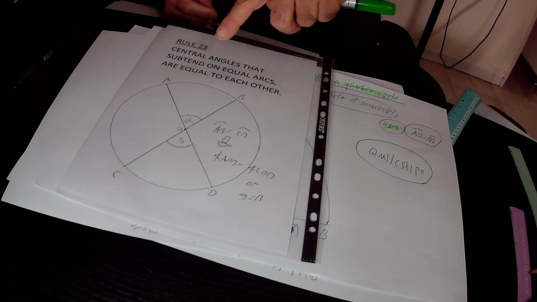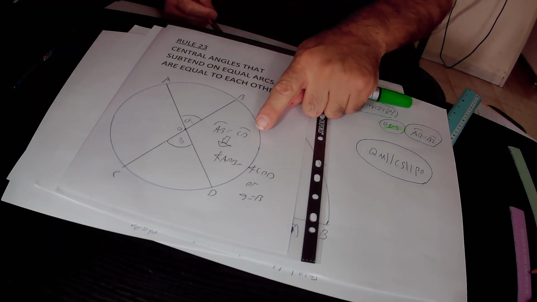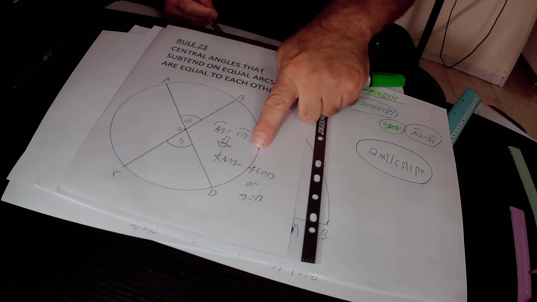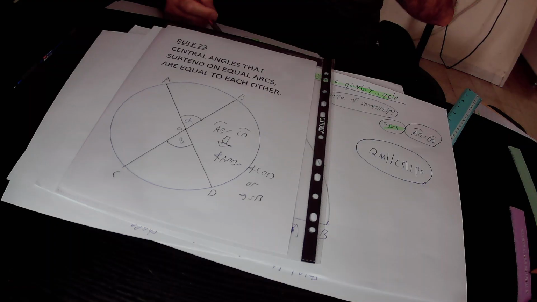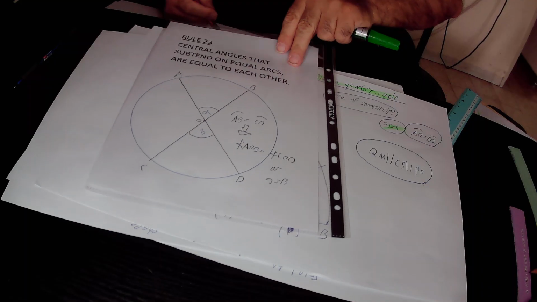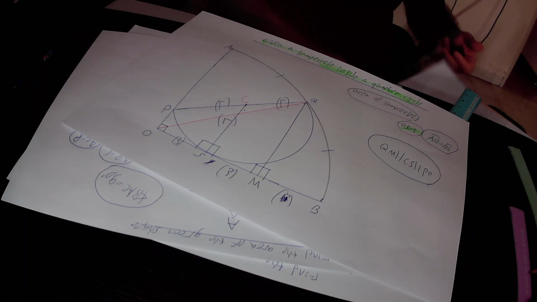That is to say, central angle AOB is equal to central angle COD, or alpha equals beta. So whenever you have two central angles that subtend equal arcs, they must be equal to each other in their sizes. We can implement rule 23 in our drawing.